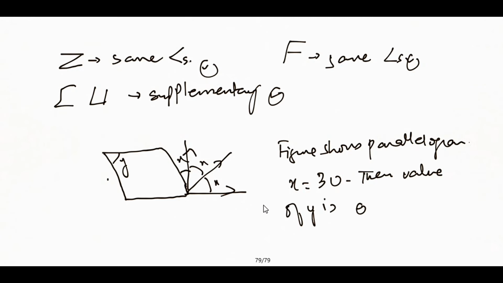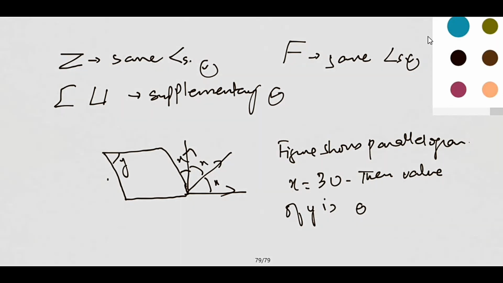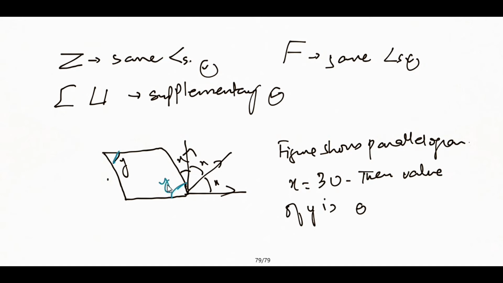Okay, now solving this question. Well, if you are saying that it's a parallelogram, it means that the opposite angles are equal, and the same side angles are supplementary as well.